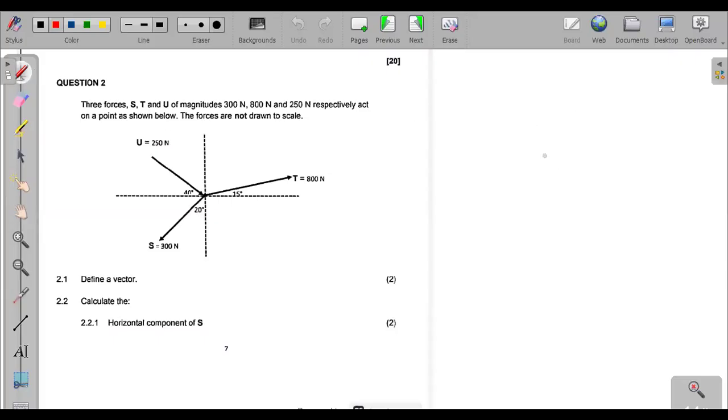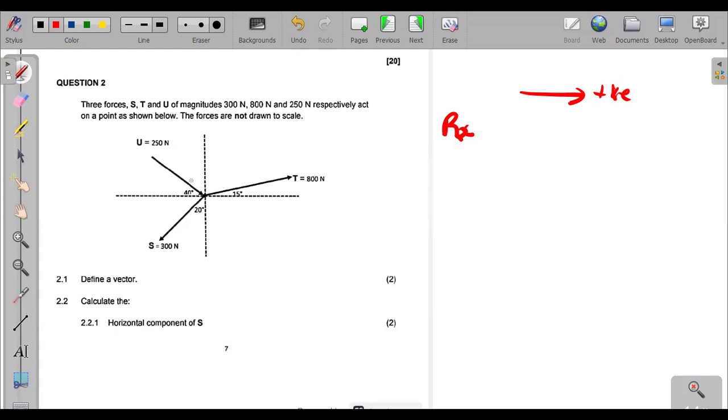I'll first choose a certain direction as positive, since we are dealing with vectors. So I'm choosing right as positive. It's a choice that I've made. Then I'm going to calculate the resultant of the horizontal components. I'll call it Rx, which means I'm calculating the resultant of all the horizontal components of all the forces we have.